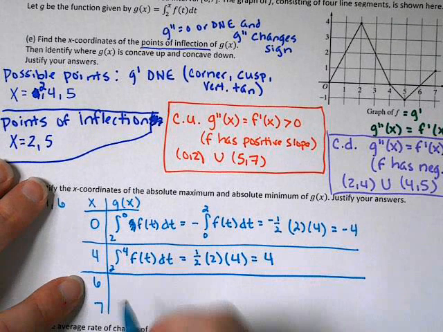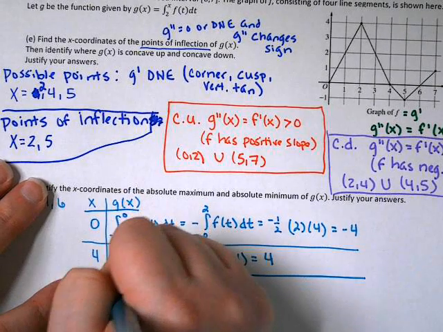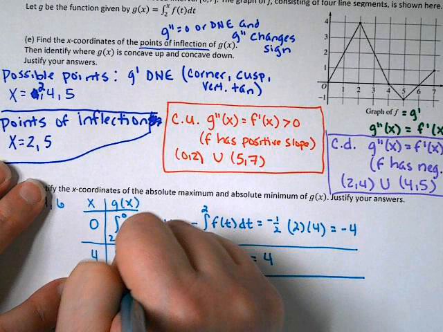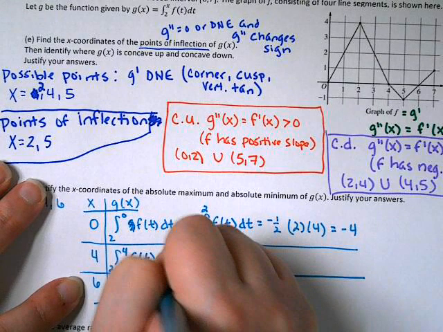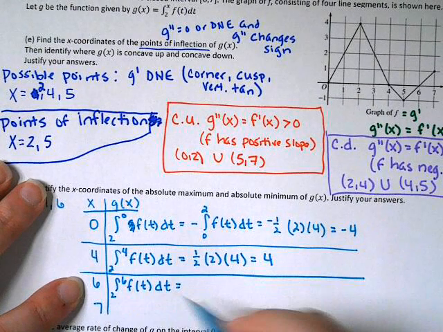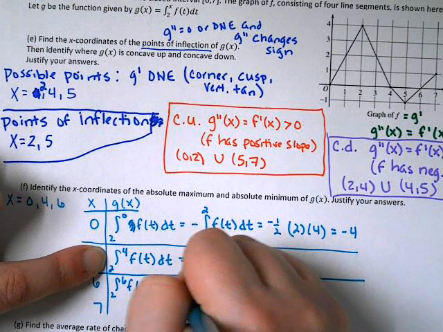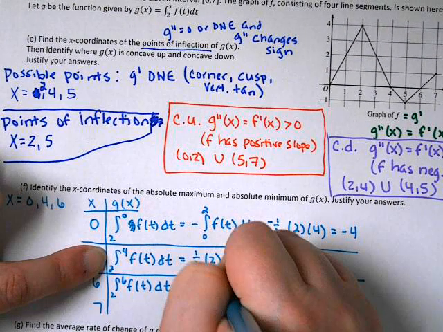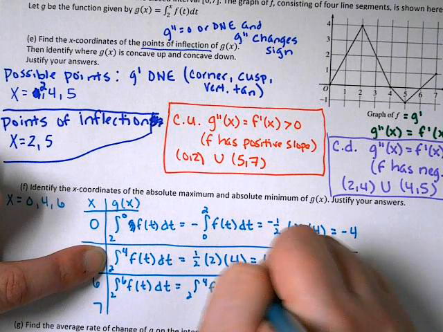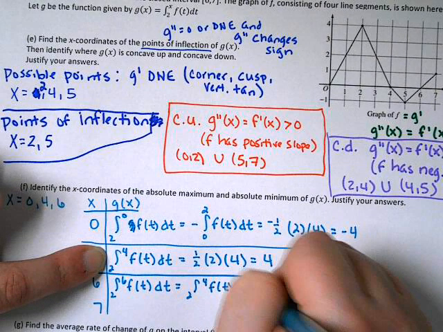And then to do the integral from 2 to 6 of f of t dt, I'm actually going to break up this integral because I just found the integral from 2 to 4 of f of t dt. And now I can just do 4 to 6.